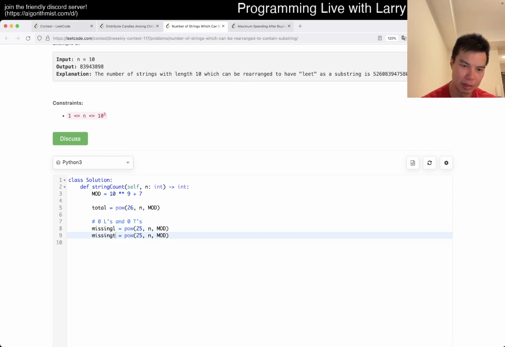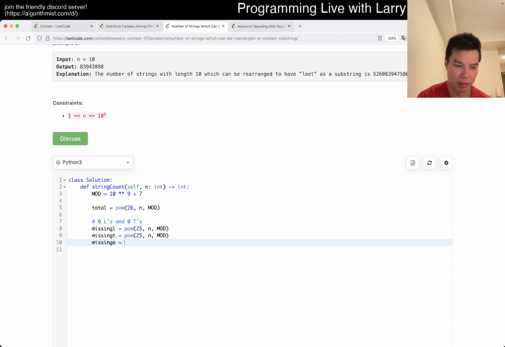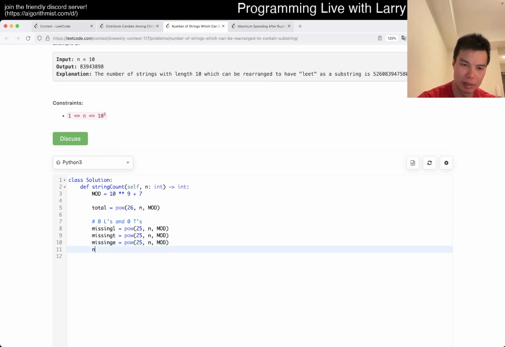And then missing Y is a little bit tricky, right? Well, missing Y is fine, but it's one or fewer, right? So missing Y is also power of 25 and mod. And then one Y is equal to... if you only have one Y, what is it?